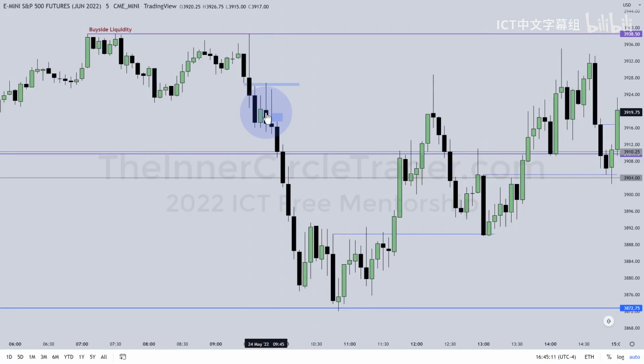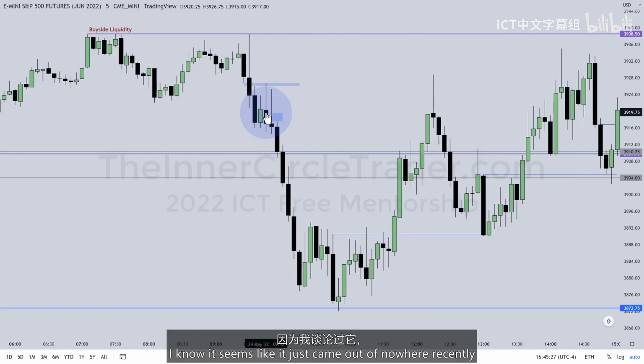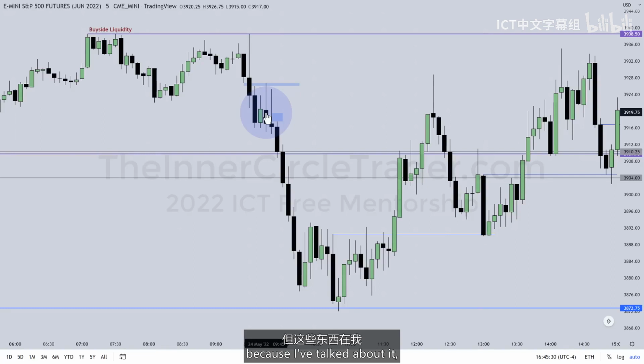Okay. I know I'm kind of known for the Forex market showing things like that to the pip, that type of stuff. It originated really with index futures, bonds and index futures. So in the 90s, I was utilizing these same tools. I know it seems like it just came out of nowhere recently because I've talked about it, but these things have been under my control, my ownership, if you will, for about 3 decades.